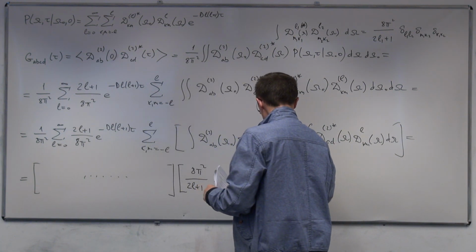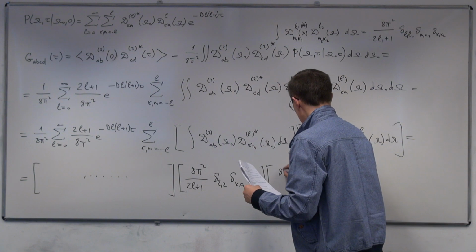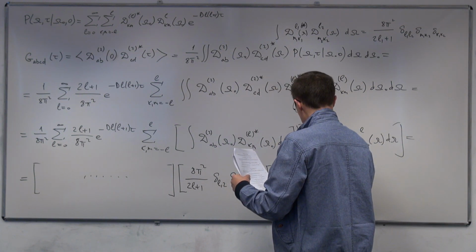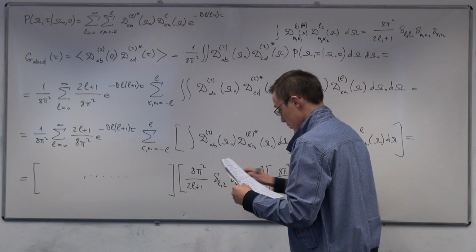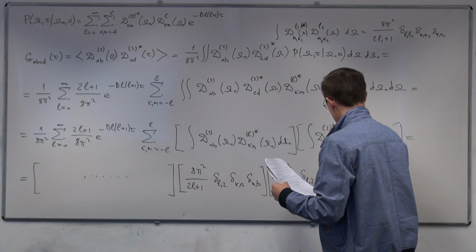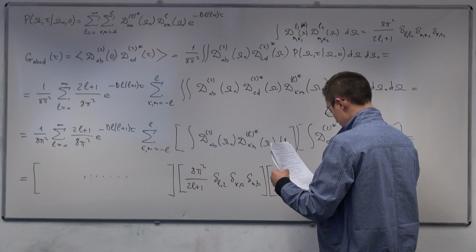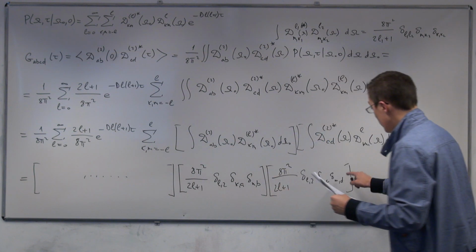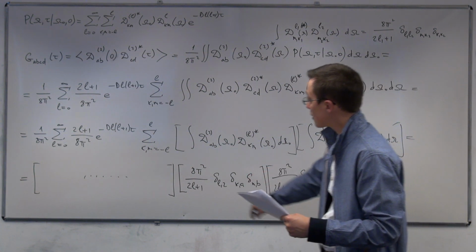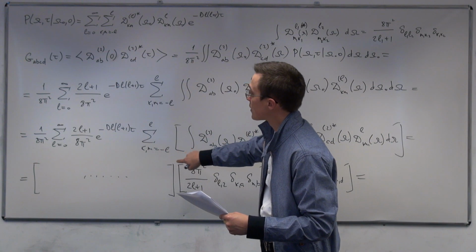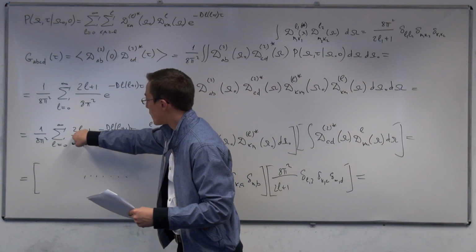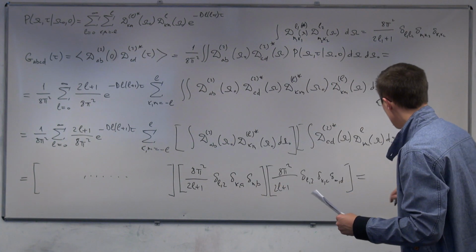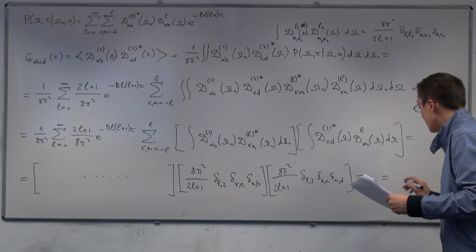first one, and then we get 8π²/(2L+1), again δ_L2, so these two are just doing the same thing, δ_KC, and then δ_MD. Okay, and after we've matched all the indices and destroyed the corresponding sums in here, and put all the L's to 2, because the deltas here demand that to be the case, a lot of simplification later.